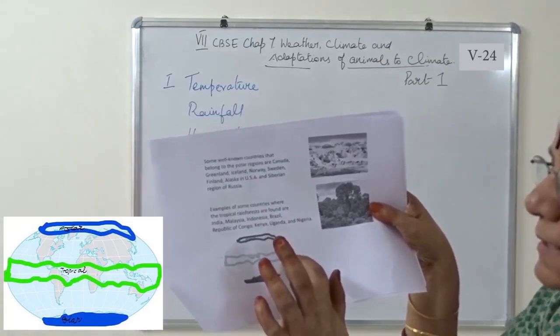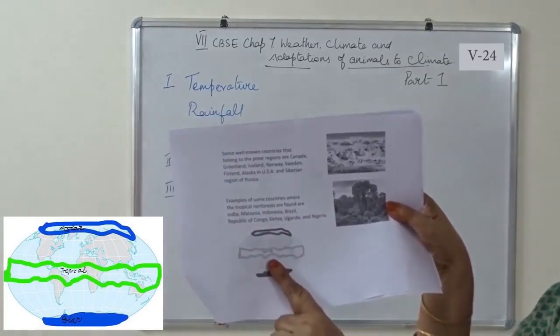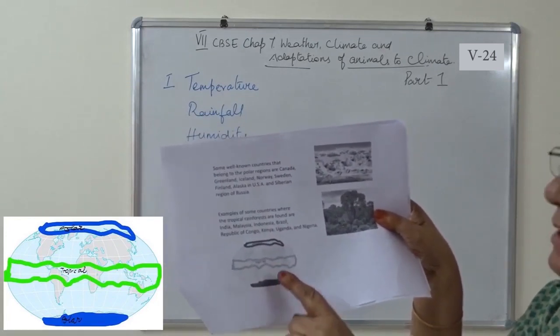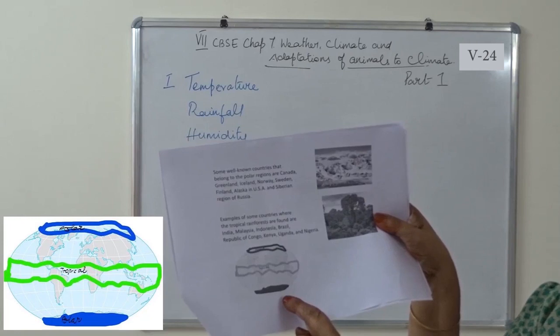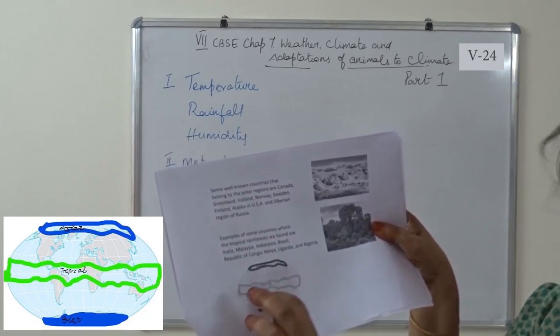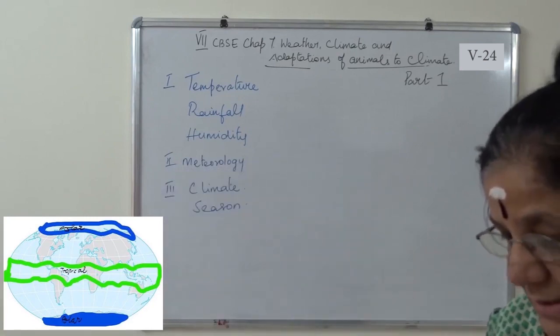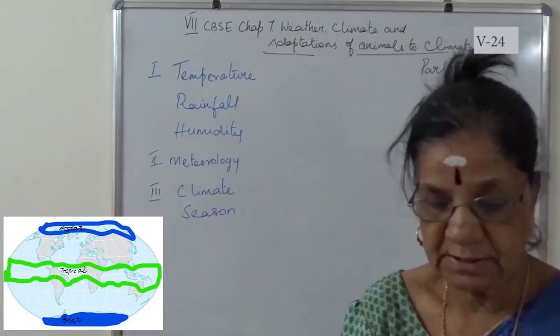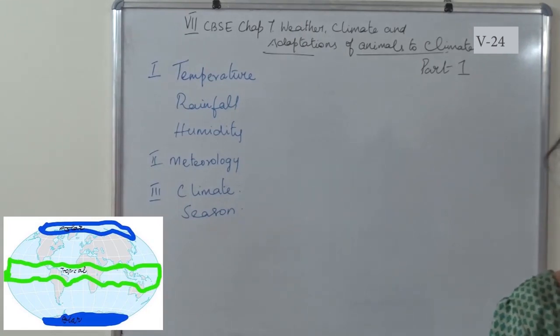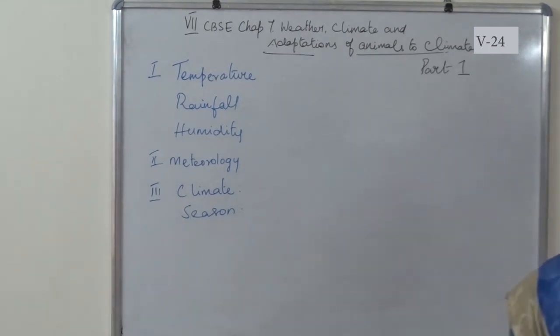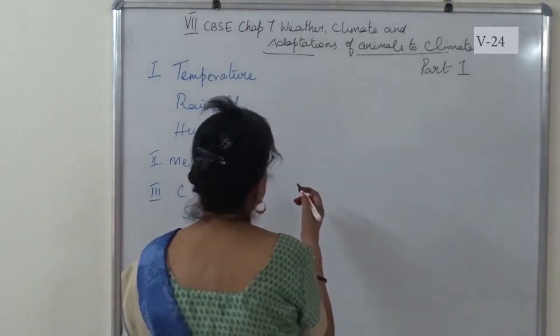The middle equator portion is forming the tropical region, and the other opposite ends are called polar regions. Are you clear?